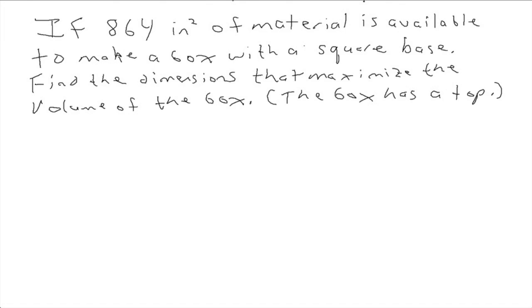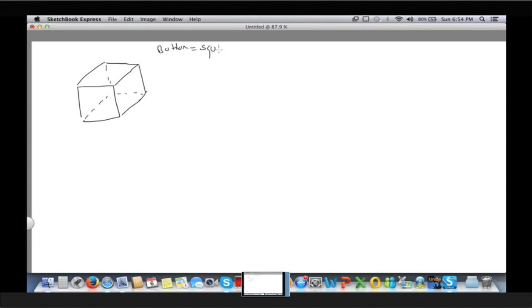Okay, so you drew a picture, and now we need to label the size. The bottom equals square. Okay, this is x. This is x. So this has to be y, or else it'll be a cube.